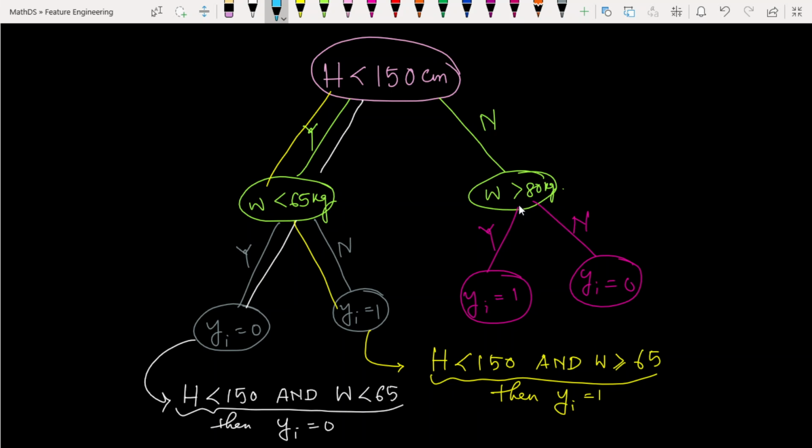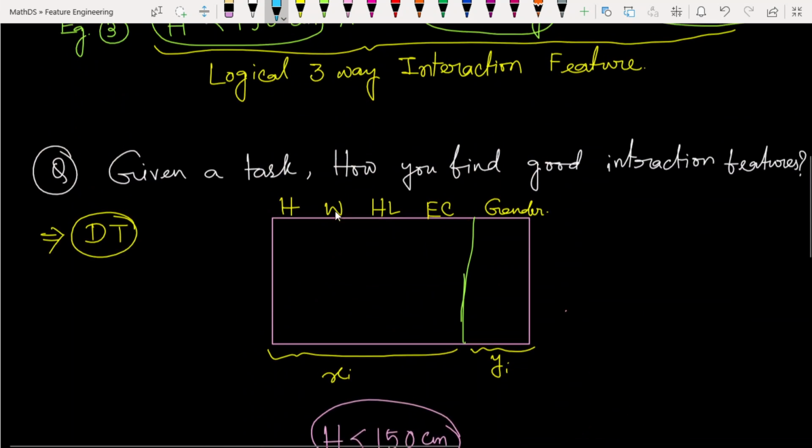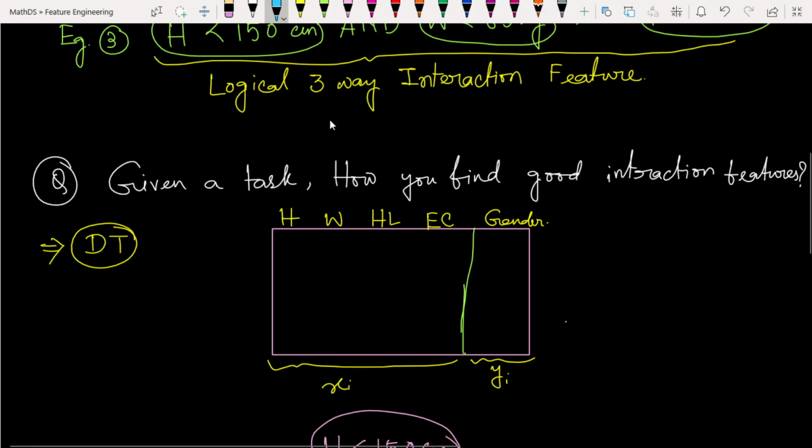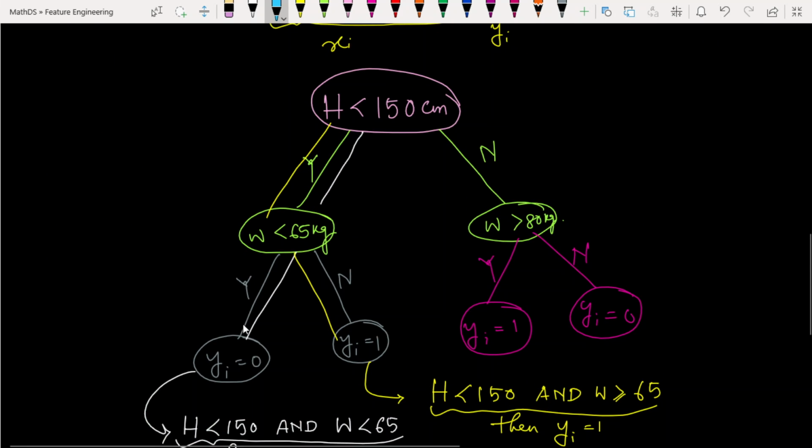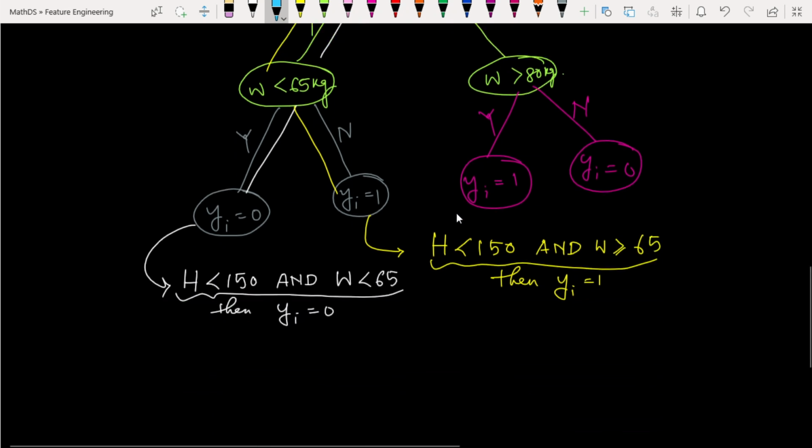Similarly for the other paths we can conclude this kind of interaction. These are the logical interactions. So it depends on how many ways you want to take, which depends on the depth of the decision tree, and the threshold value at each node. I think you got the point.